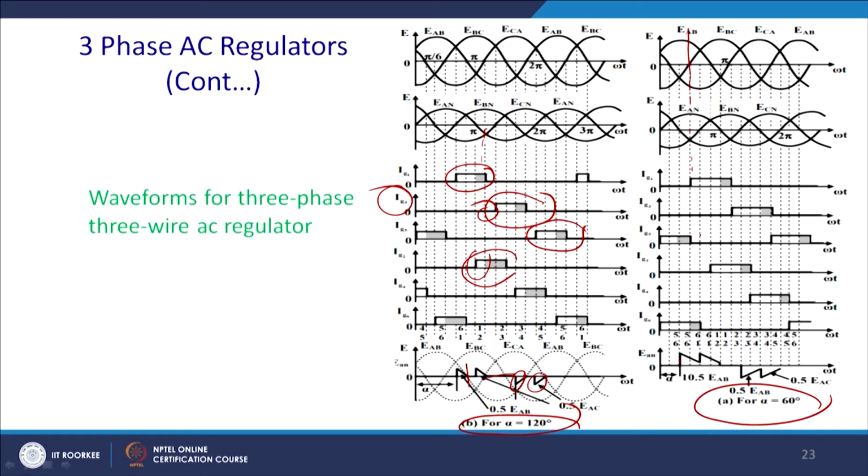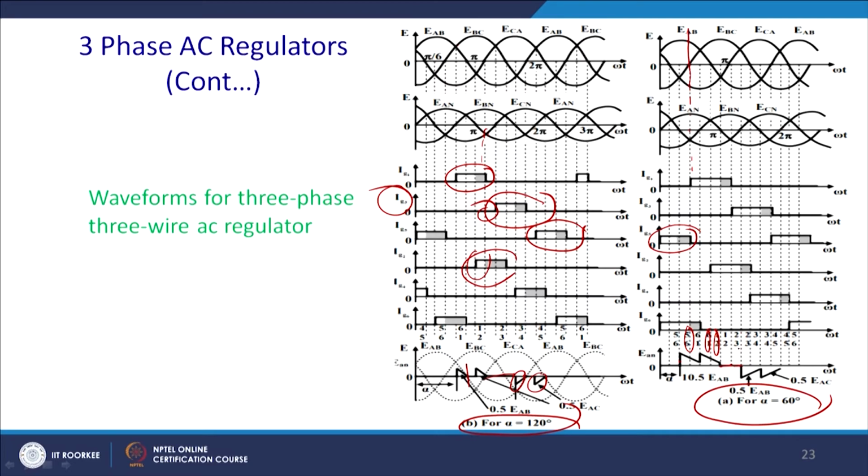Previously G5 was conducting, so you are getting voltage. Here you can see that in these configurations 5 and 6 is conducting, thereafter 6 and 1 is conducting, thereafter 1 and 2 is conducting, but voltage is same, so you will not get any voltage.